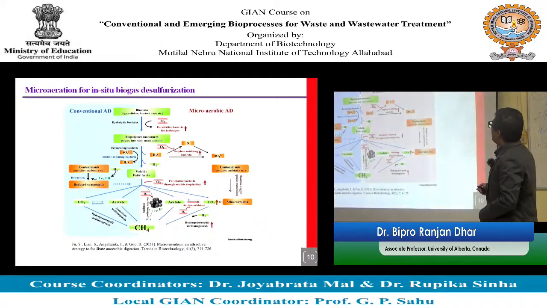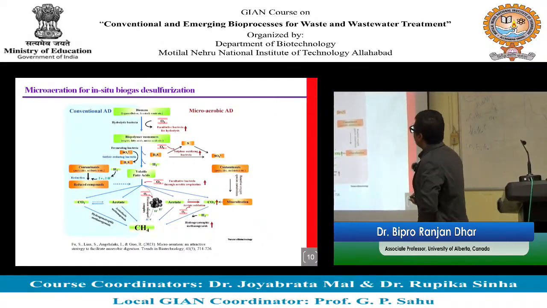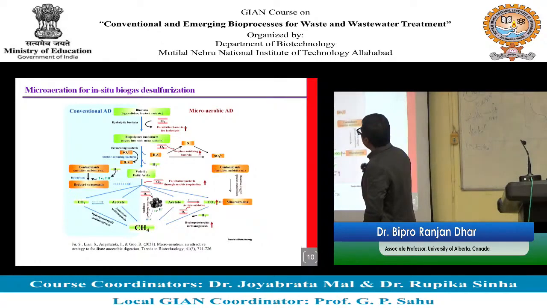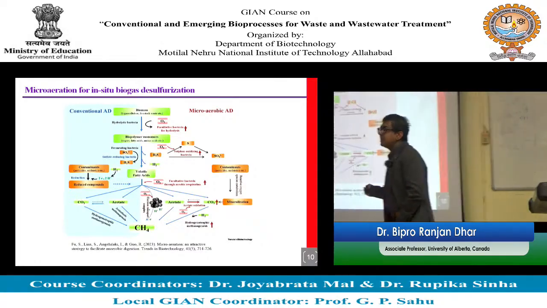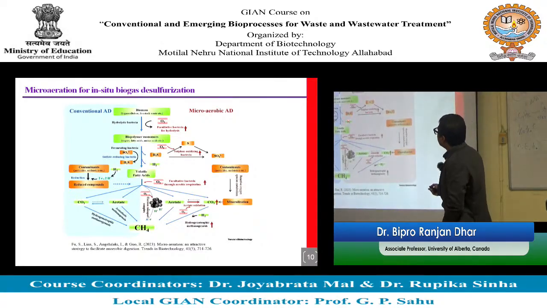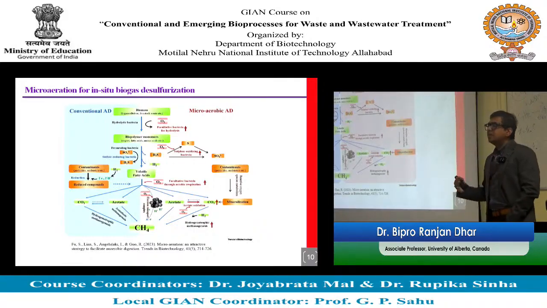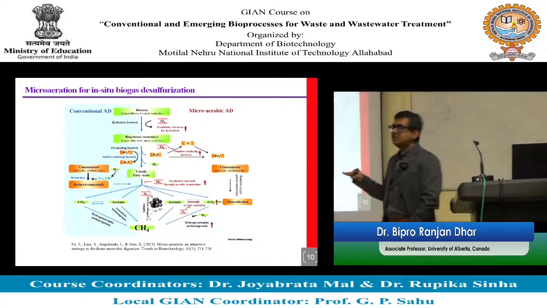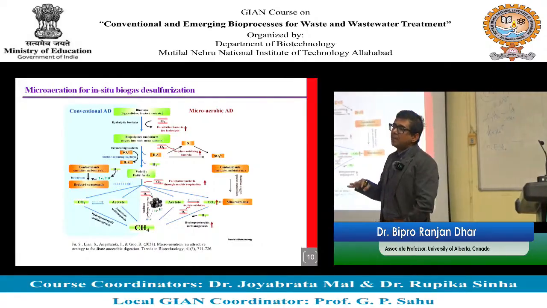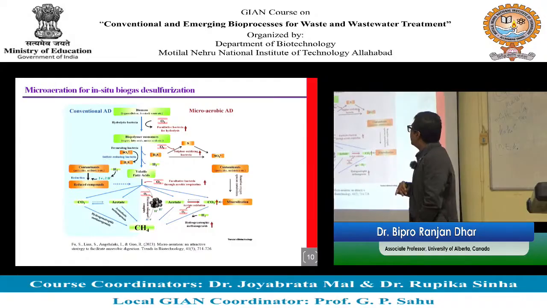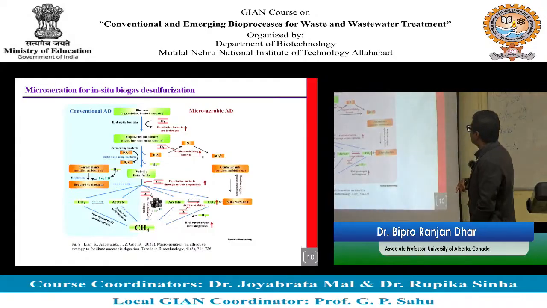But if you have oxygen, what can happen? Some sulfur oxidizing bacteria can utilize the oxygen and oxidize hydrogen sulfide to either elemental sulfur or sulfate. But most of the time it has been found that conversion to elemental sulfur is the more dominant pathway when you provide a little amount of oxygen in the process.